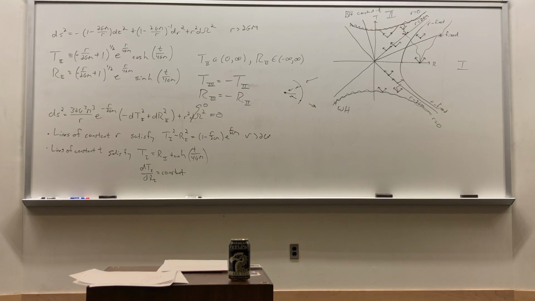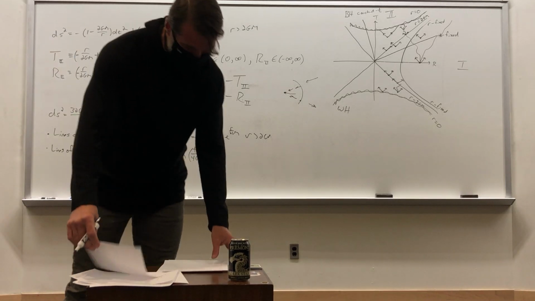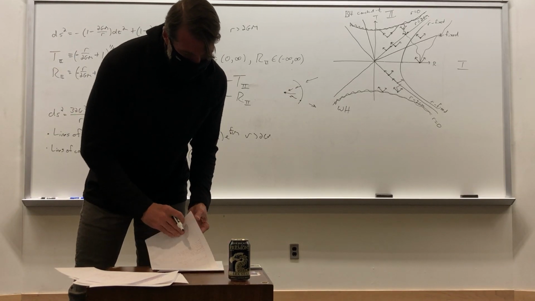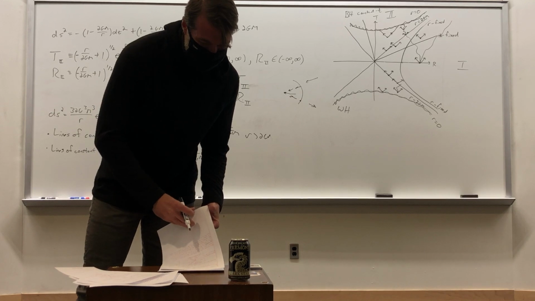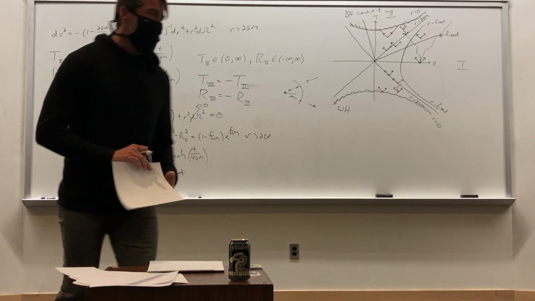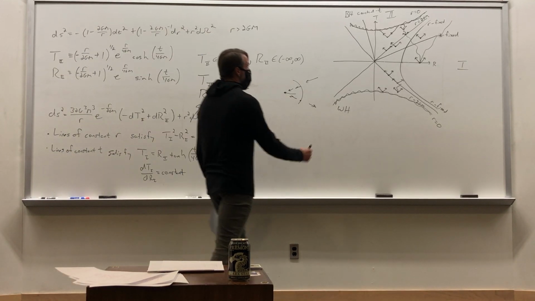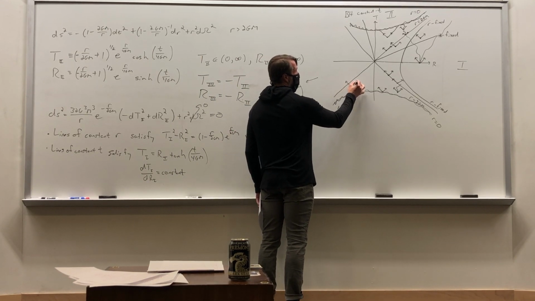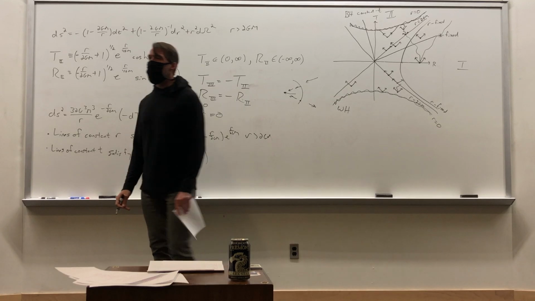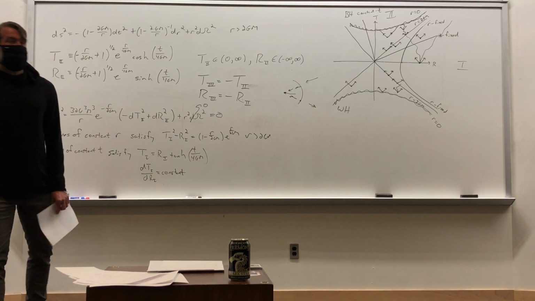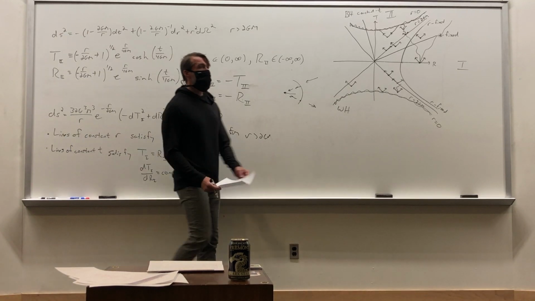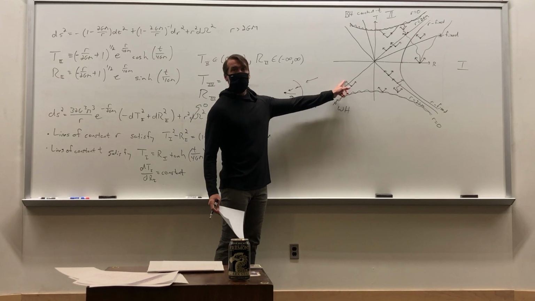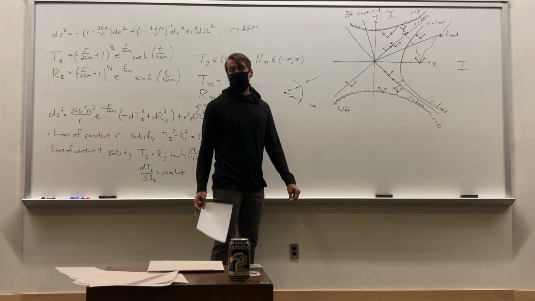Is that the end of the story? Hell yes. There is still a region 4. And we need it because notice, here's a light cone emerging from the white hole. This is not geodesically complete unless we have something here.